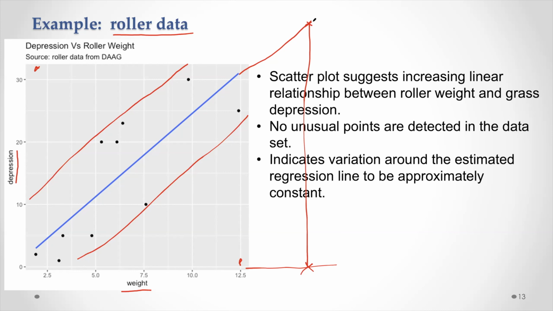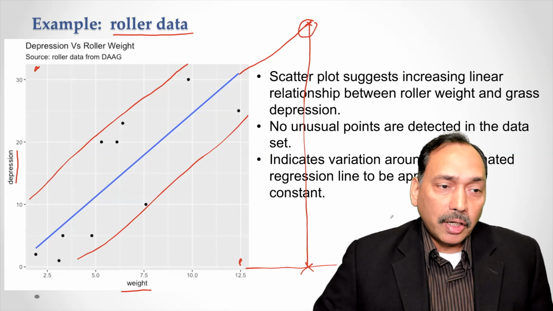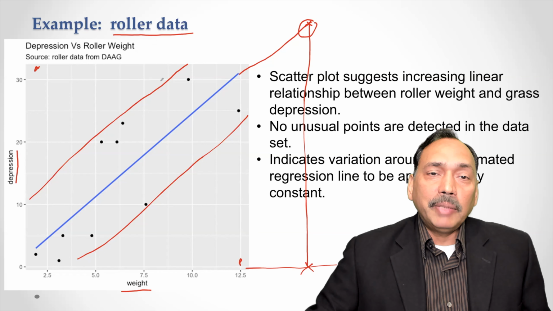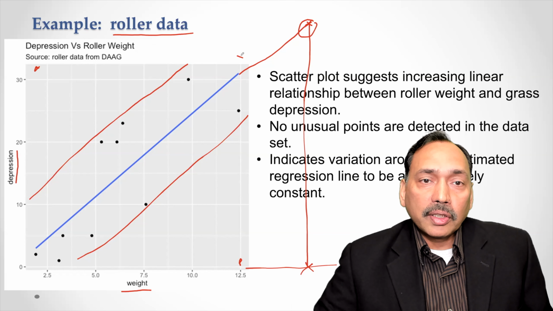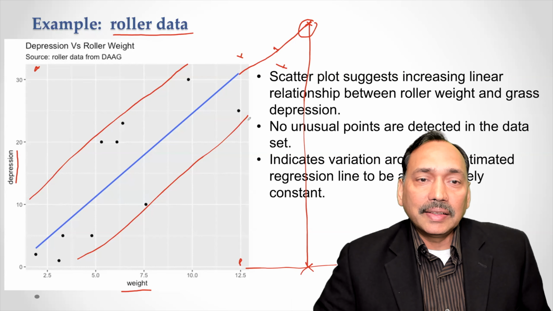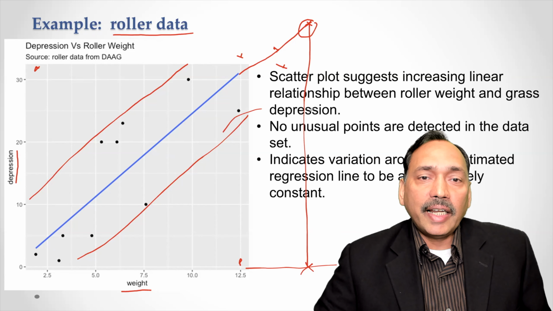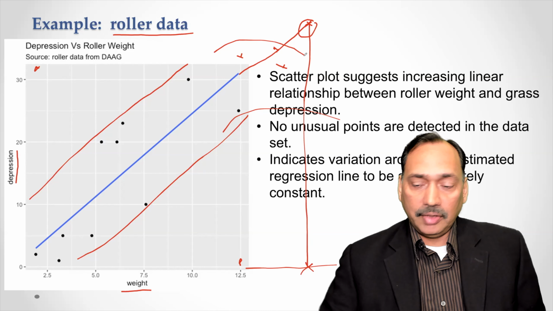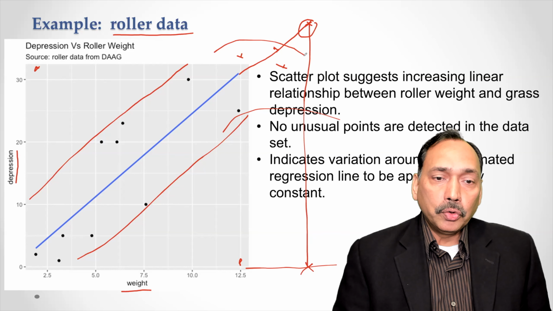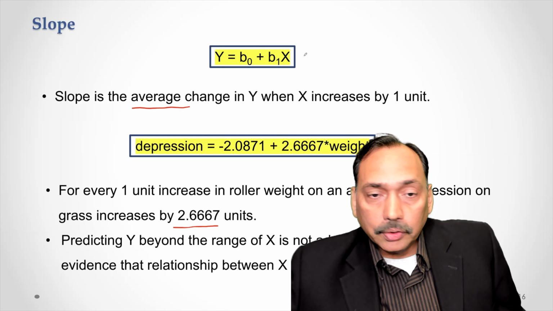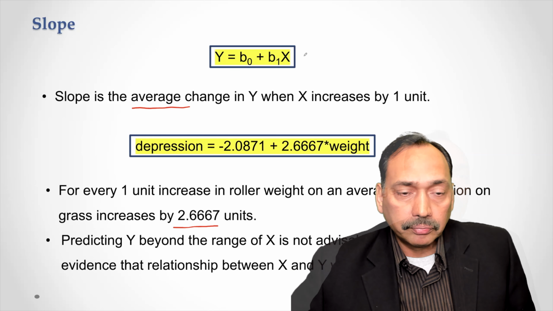We don't know whether these dots will continue in the same direction, or there's every possibility that they may change direction and become non-linear beyond the range we have data. So we should not be using linear regression line to make predictions for future.